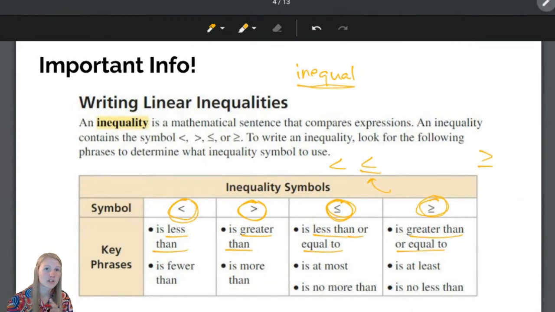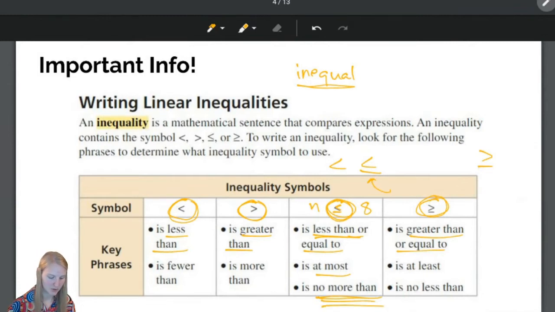So these are all of the symbols, and sometimes you might not hear these exact words, less than or equal to. Sometimes we say at most, or no more than, just like the entry task. I can eat no more than 8 pieces of French toast. So that's where the n less than or equal to 8 came from in the entry task, was no more than.